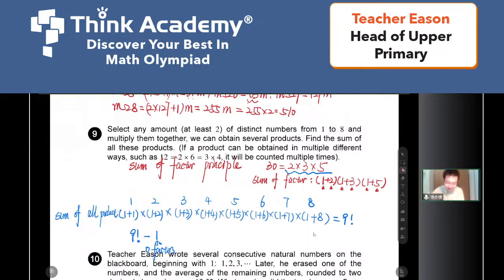So for those that only use 1 factor, the value is just the factor we used. So there's 1, 2, 3, 4, 5, 6, 7, 8. These are those that only use 1 factor. So all the products minus the products using 0 factors and products using 1 factor, this is the actual sum of factors we need, and this is the answer. So we know the factorial of 9 is, this is a number we should recall.